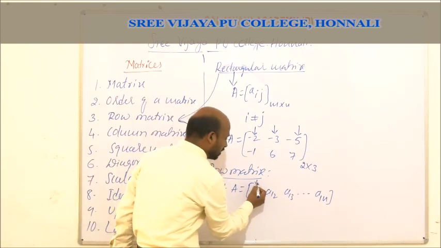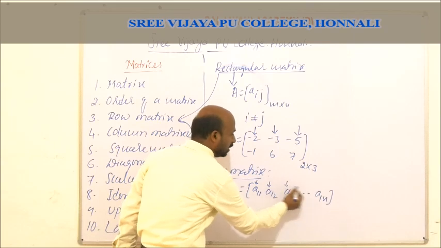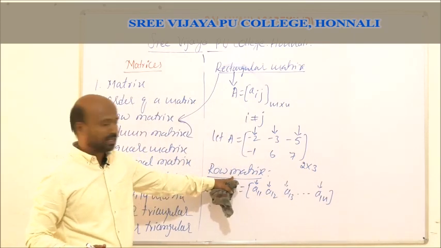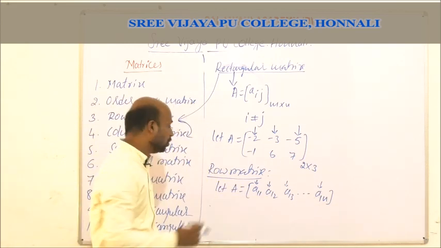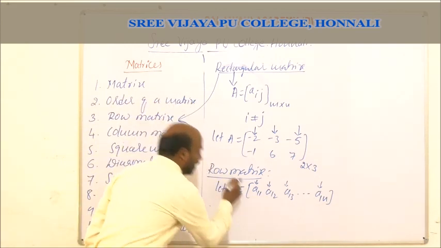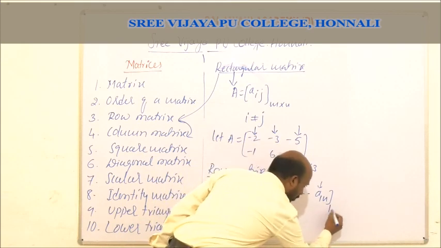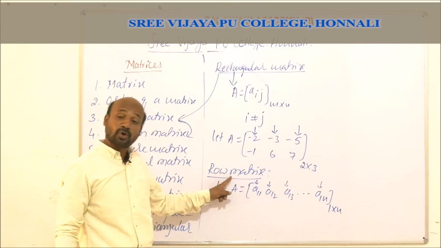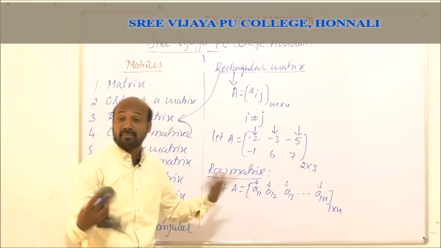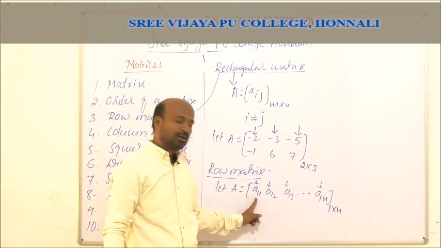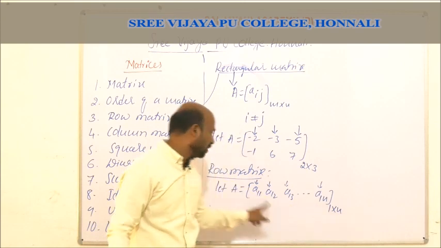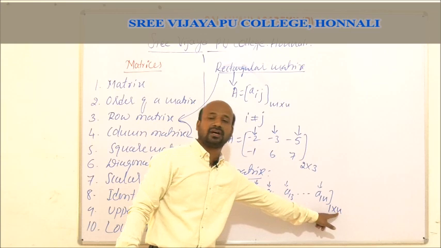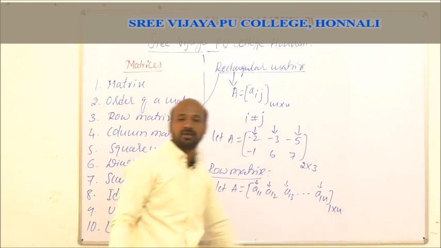That is first column, second column, third column, and this is the nth column. So finally the order of the row matrix is one row, n columns. Only one row, but the number of columns is n.